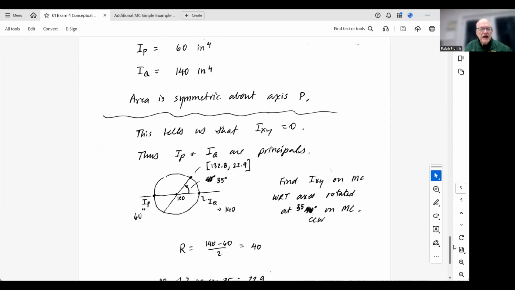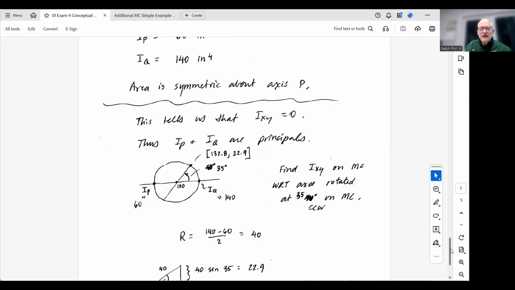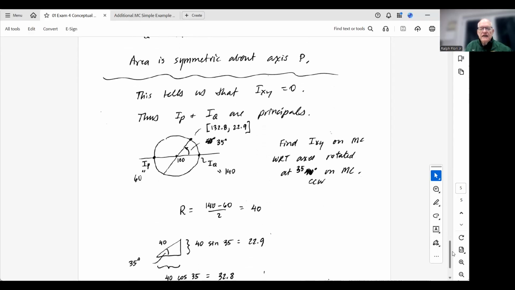And so now you can come down and draw IP and IQ as your min and your max. So this guy is 60, this guy's 140. And then the problem says find IXY on Mohr circle with respect to axes rotated at 35 degrees on Mohr circle, clockwise or counterclockwise from I max or IQ.